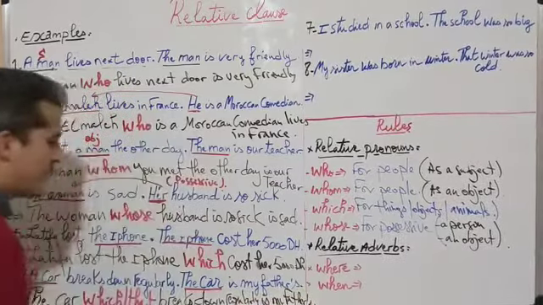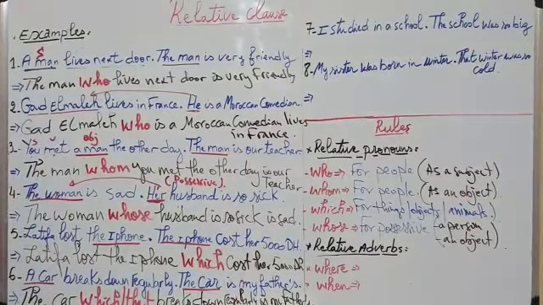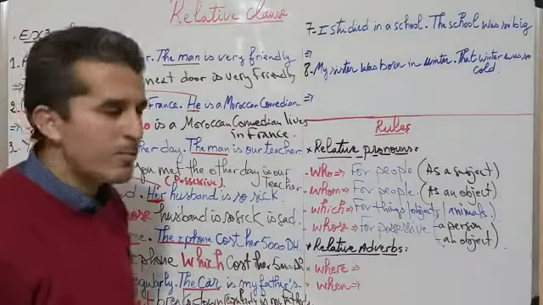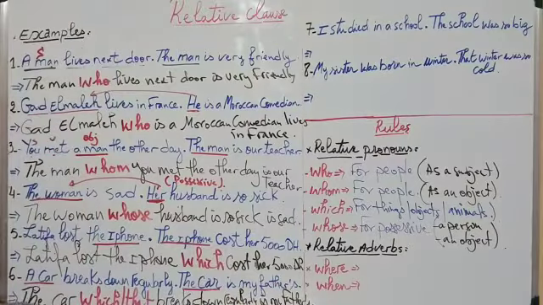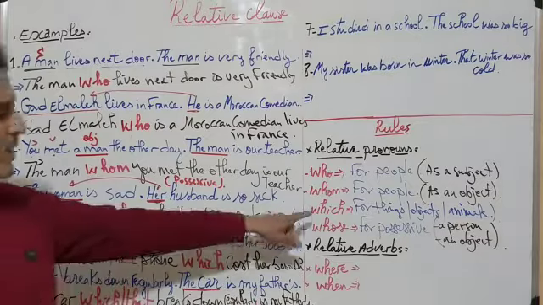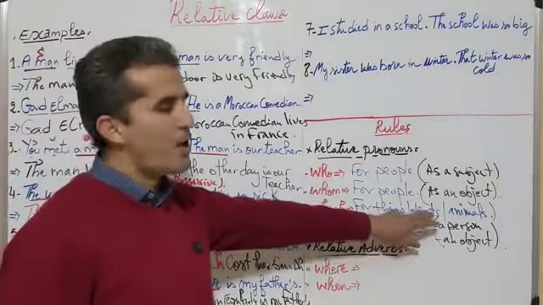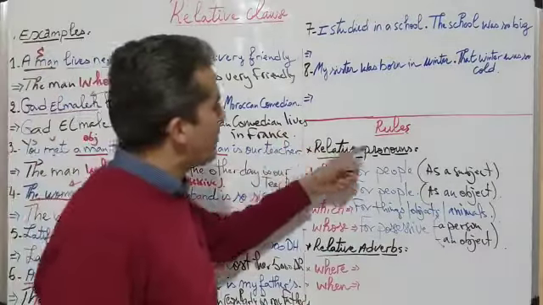It means that car that you see always breaks down regularly, so it belongs to my father. It's my father's car. So the car which or the car that breaks down regularly is my father's. It's the same thing here because the car is an object. So this is, as you can see here, relative pronouns.